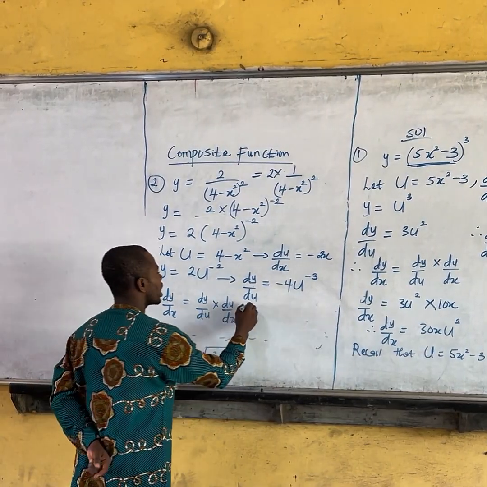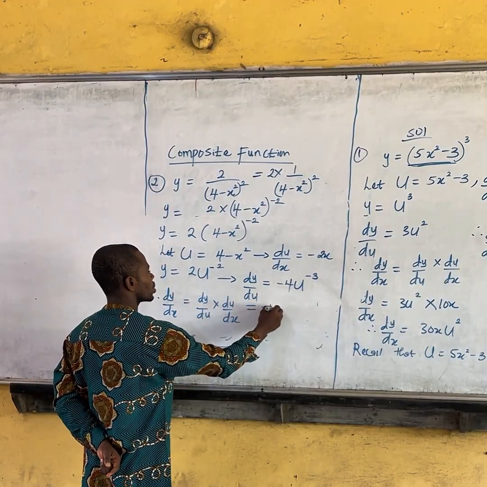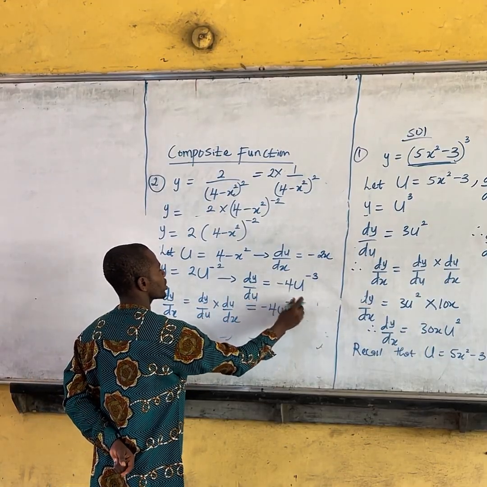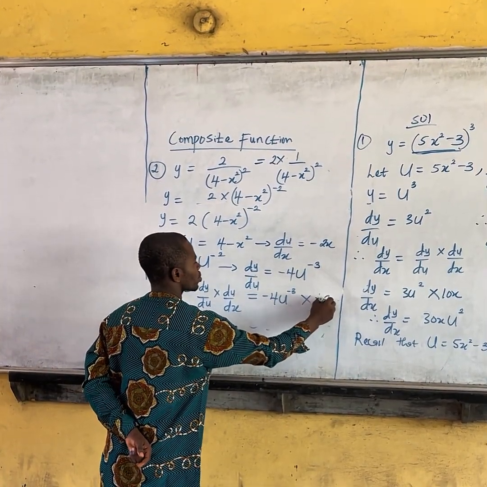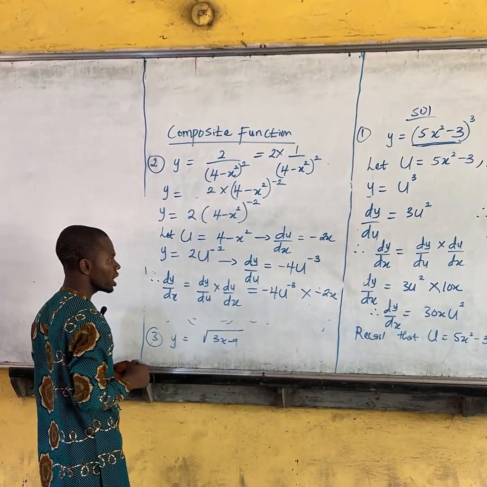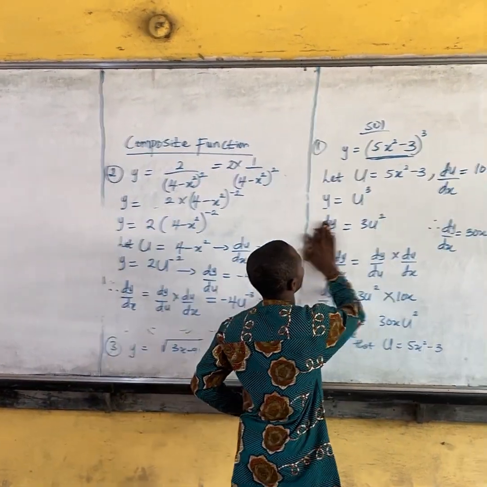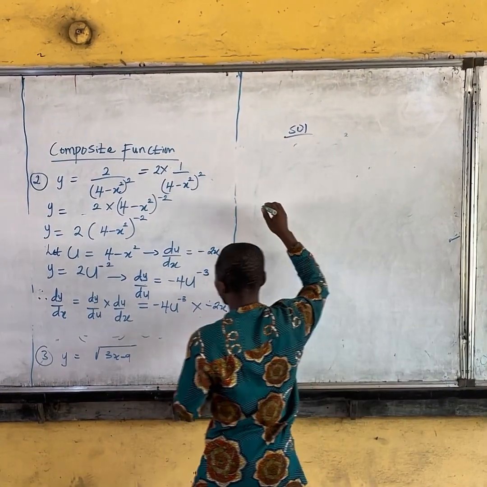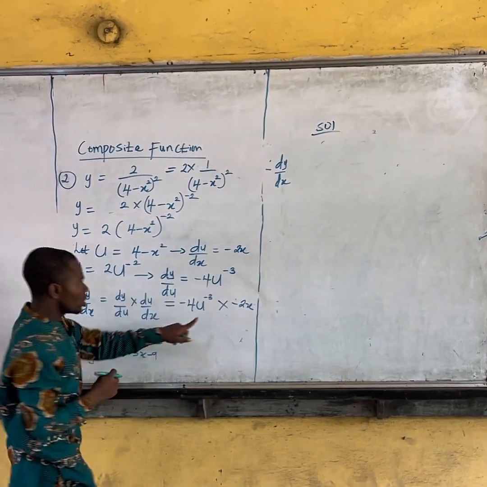So from here, it will now be equal to, what is our dy over du? Minus 4u raised to the power of minus 3, times, what is our du over dx? Minus 2x. Let's continue. dy over dx. We are still working on our final answer.